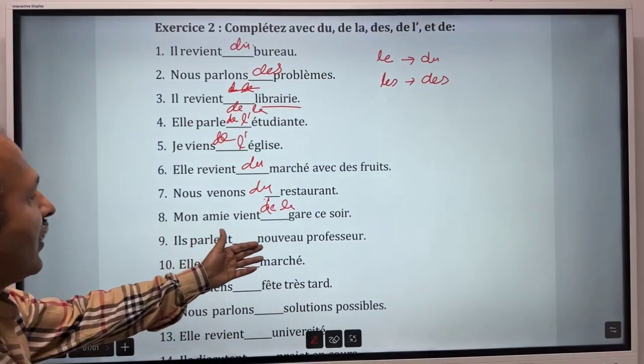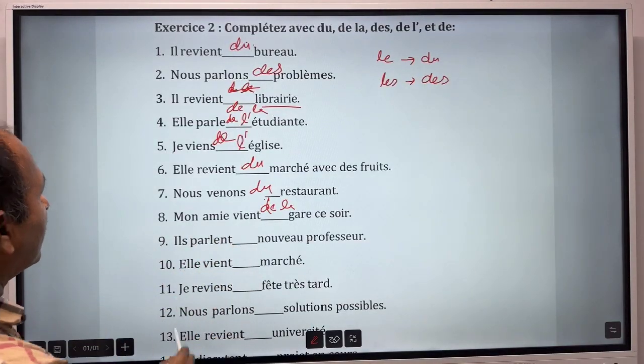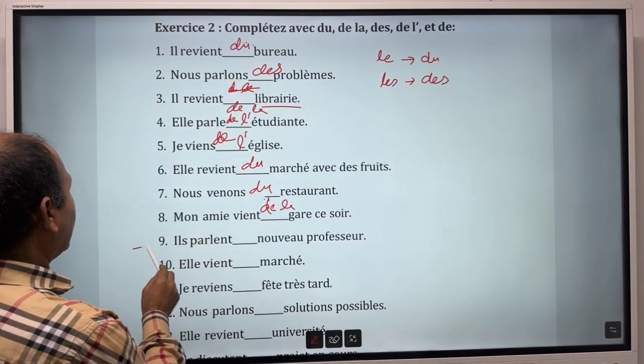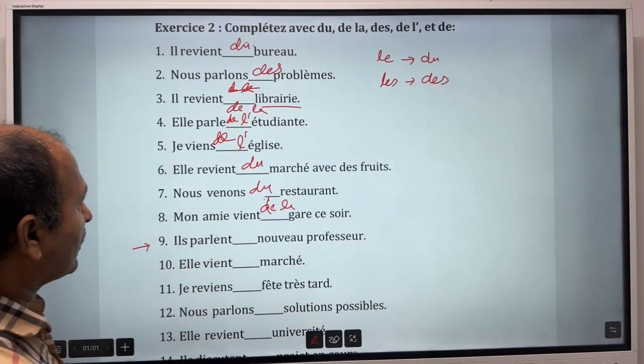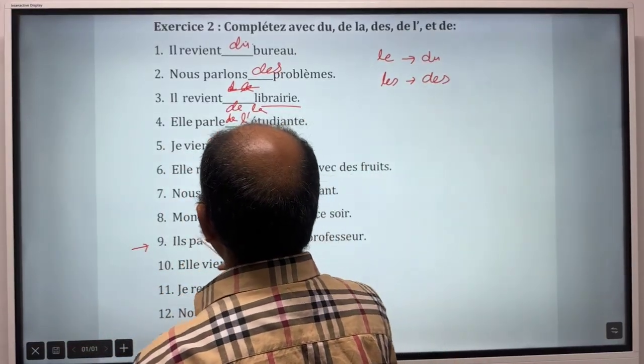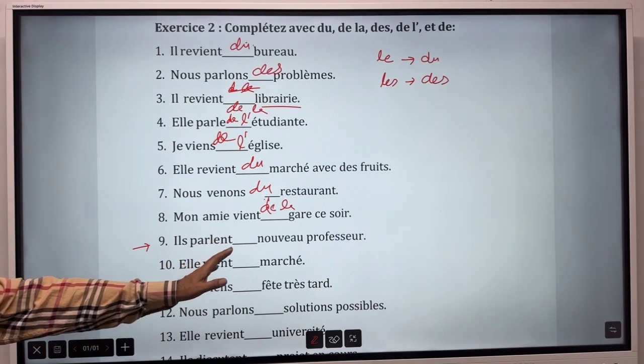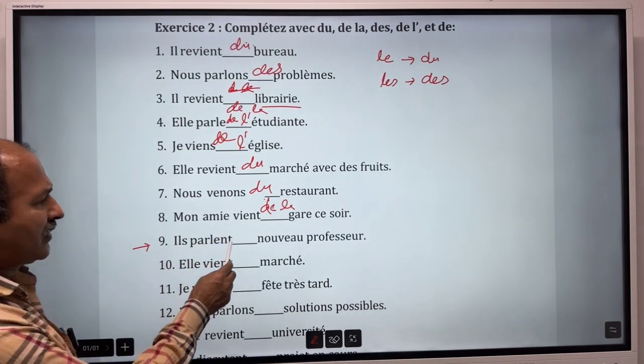Next one is il parle du nouveau professeur. This sentence is wrongly written here. He speaks to the new teacher, from the new teacher, it's not possible. So, yes, there is one possibility: he speaks about the new professor. In that case, it is possible.